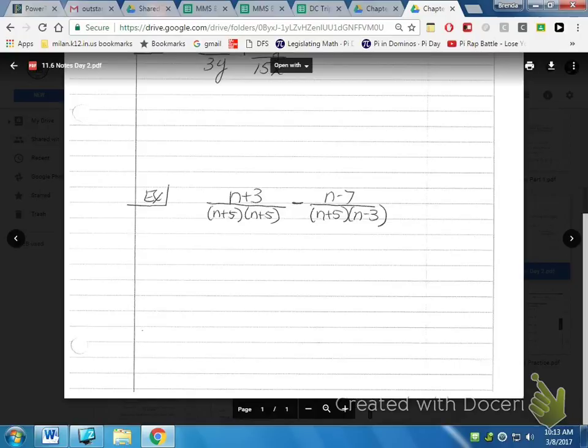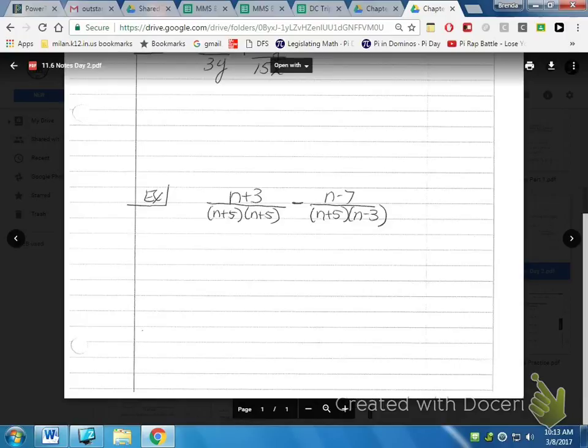You have got to determine what your least common multiple is. And the left has 2 n plus 5s. So in your denominator, there's got to be 2 n plus 5s. On the right, there's an n plus 5 and an n minus 3. So there's got to be those two things.